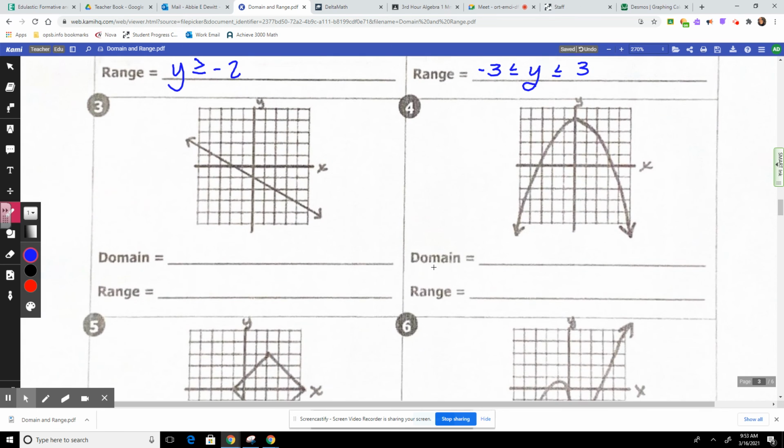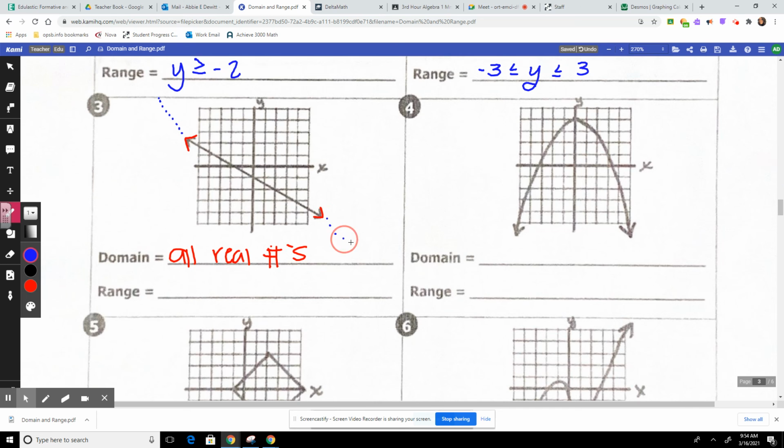Okay, so for number 3 and number 4. Number 3, if I'm looking at left to right, it covers all my values to the left and then it extends. It covers all my values to the right and then it extends. So from the left to the right, it covers all my x values forever and beyond, so it's all real numbers. And then if I'm looking at my range from top to bottom, it covers all my values of y going up to the top, and this line is going to continue going up.